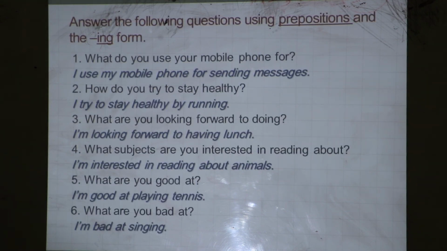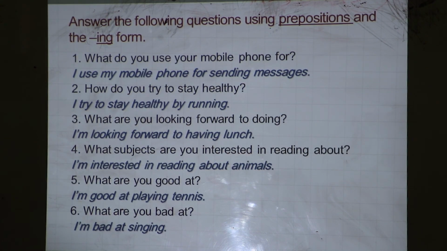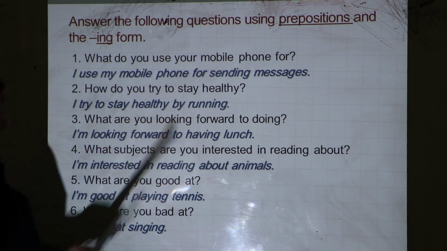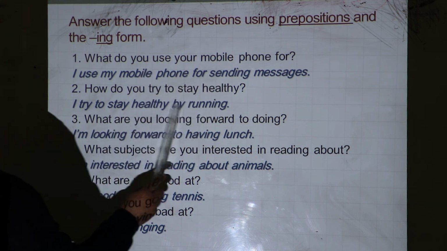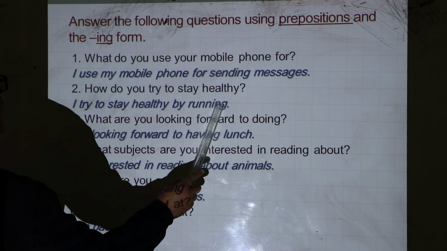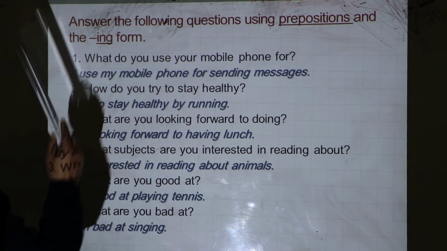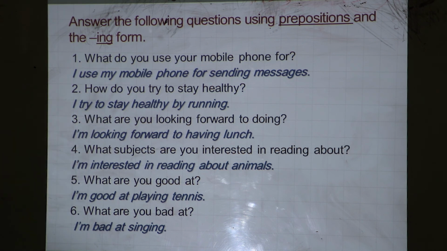Now, in all these sentences, in the answer we use a preposition plus ing: for sending, preposition plus ing, by running. And in the first example and the second example, as you can see, we use for and by.